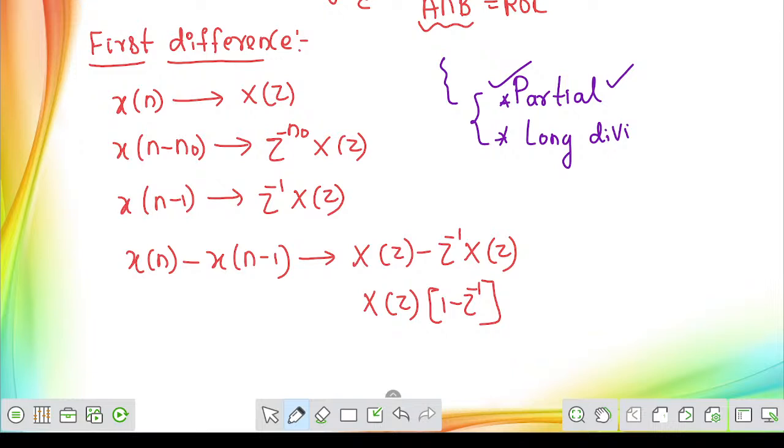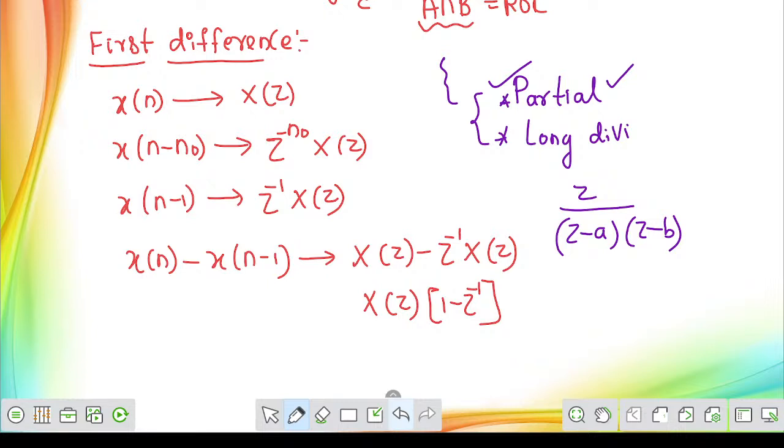For an example, let us assume I have a signal z square divided by z minus a. Now the question is, we have to find the inverse Z transform. Let us assume z divided by z minus a into z minus b. If a signal is given like that, we have to take the inverse Z transform.